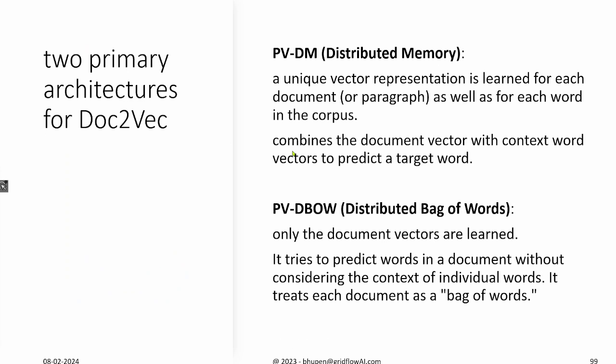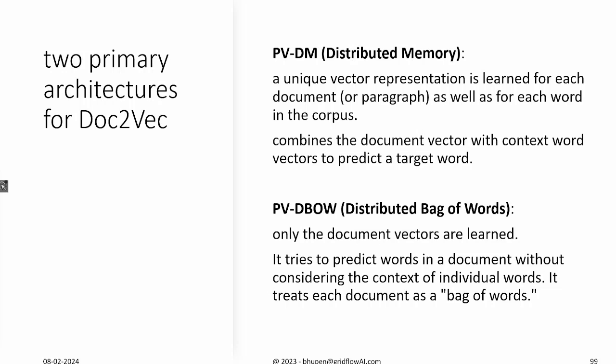There are two different architectures to achieve document to vec, paragraph to vec, or sentence to vec. The first one is called distributed memory. In this case, a unique vector representation is learned for the paragraph or the document as well as for each word in the corpus.